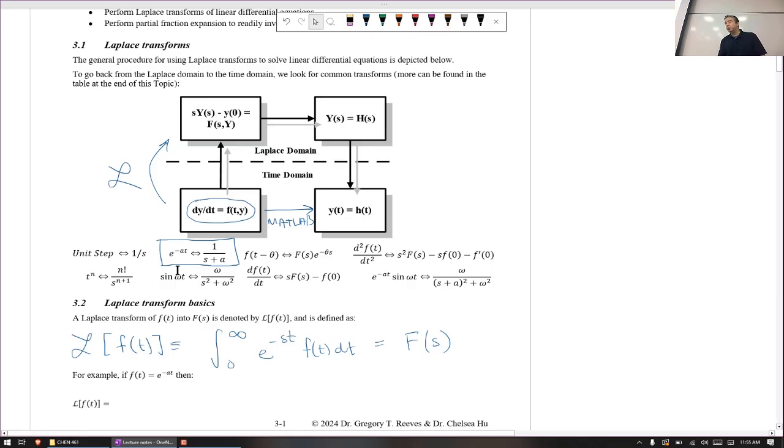Now I've said this once before, and I'm going to say it again. I'm not a super big fan of memorization, but some things you should memorize. And this relationship, where e to the minus at Laplace transforms into 1 over s plus a, and inverse Laplace transforms back, is something you definitely should memorize. We're going to see this over and over again. 1 over s plus a inverse Laplace transforms back to something we can express easily, which is an exponential in time.